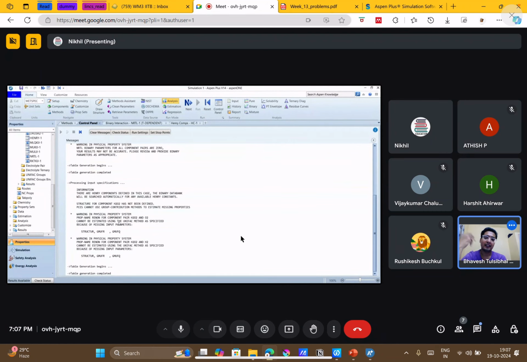These are some notes that it is giving, that okay, you have used this property estimation method, but there are some limitations or shortcomings, and it is specifying them. So see, warning in physical property system, the parameter for component pair H2O2 and O2 cannot be estimated using the unified method as specified because of missing input parameter.